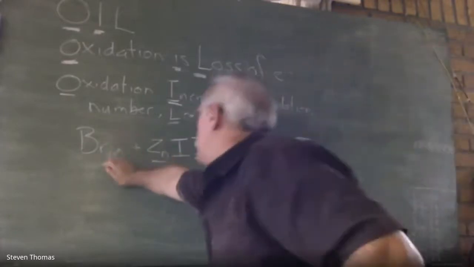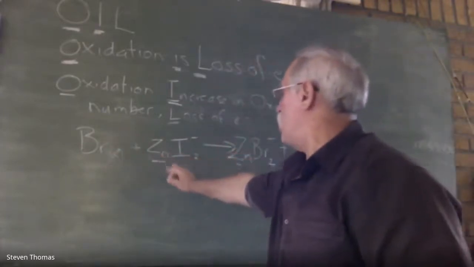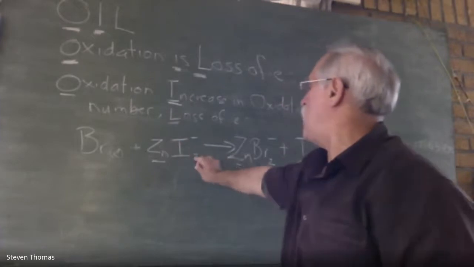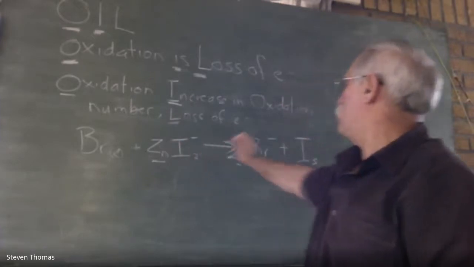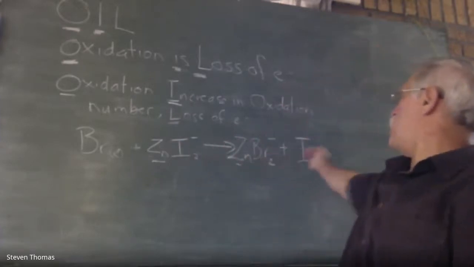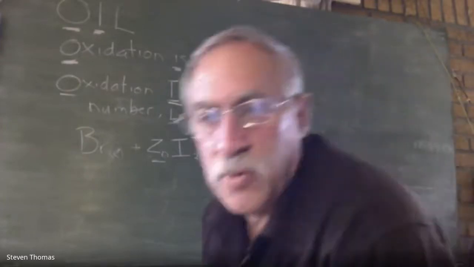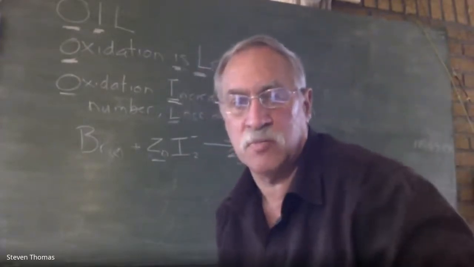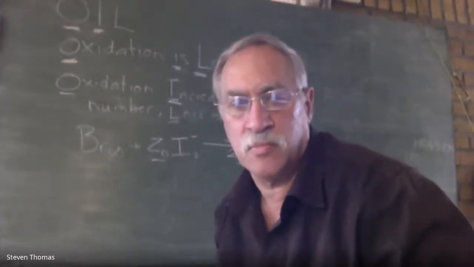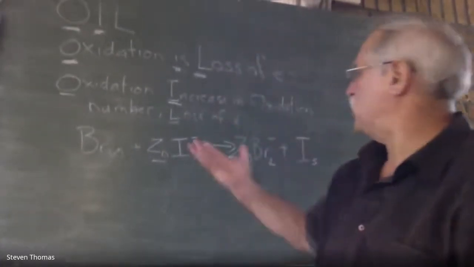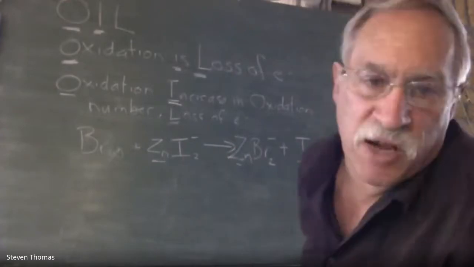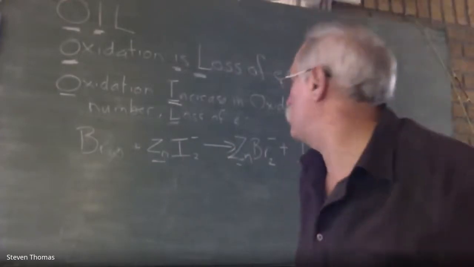You've got bromine liquid added to a solution of, let's say, zinc iodide. Would go to form zinc bromide and iodine solid. You guys happy with that? So let's apply oxidation numbers. Let's try and find out which is oxidized, which is reduced.